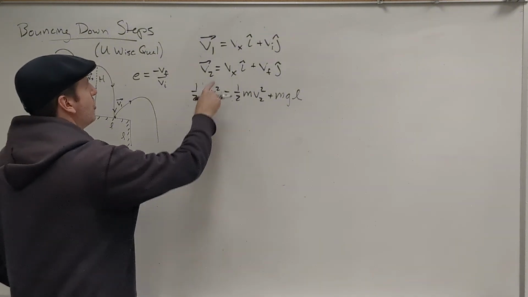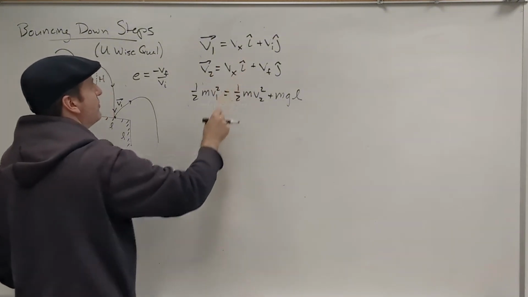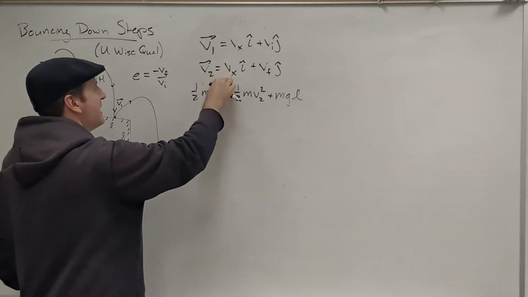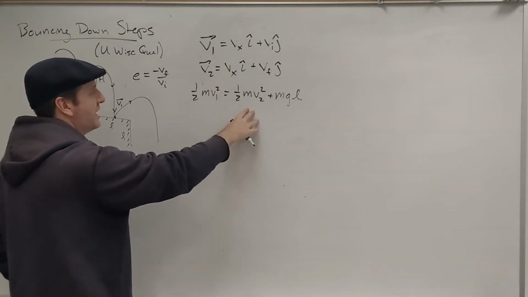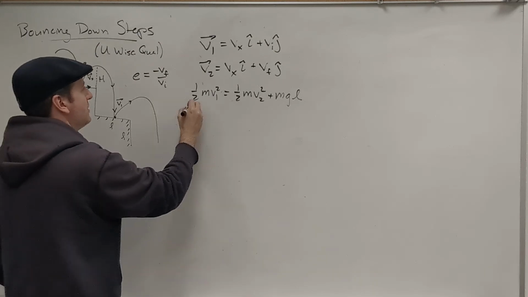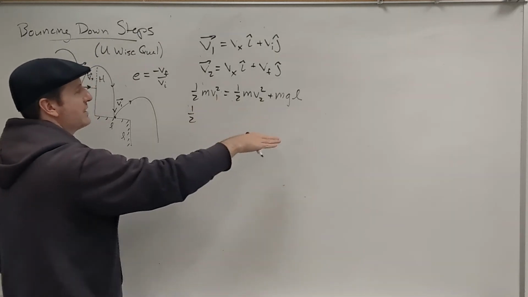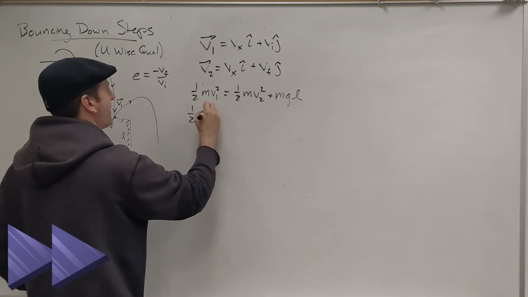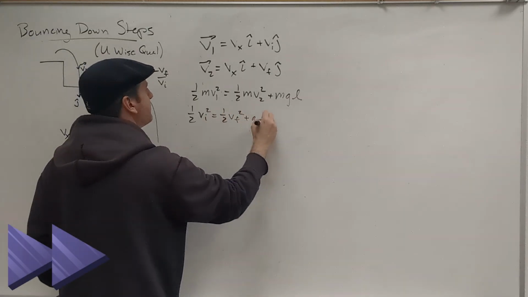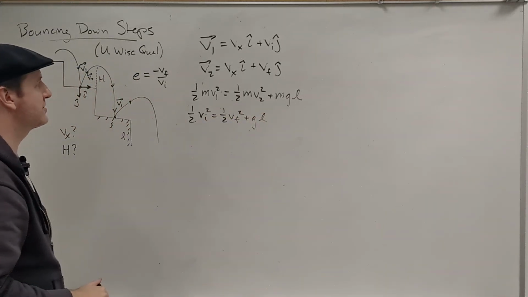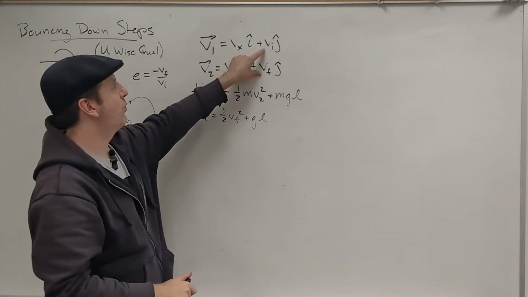Now, notice that when I square out these two velocities, there'll be a 1/2 Vx squared on both sides, so those will cancel out. And I'll go ahead and cancel all the m's. Okay, so here's our relation once we've canceled some stuff, and we're only looking at the y components.